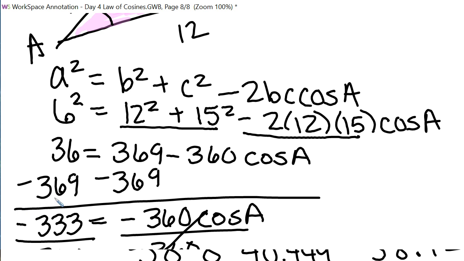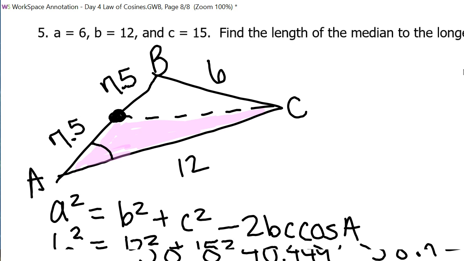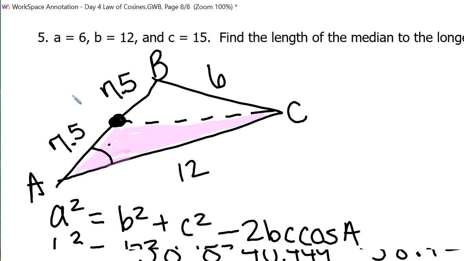And that's an arc cosine value, so make sure you do second cosine of 333 divided by 360. And what is angle A to the nearest whole degree? 22 degrees. So back up to my original diagram, now we know that this is 22 degrees.